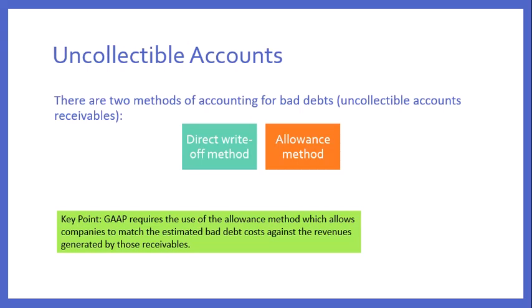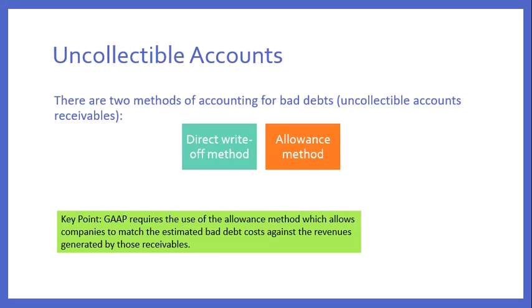However, publicly traded companies are not permitted to use the direct write-off method because it does not adhere to GAAP, because it does not follow the matching principle. Remember, the matching principle requires that we match our expenses against the revenues they help to generate. The direct write-off method violates that, which is why it is not allowed for public companies.